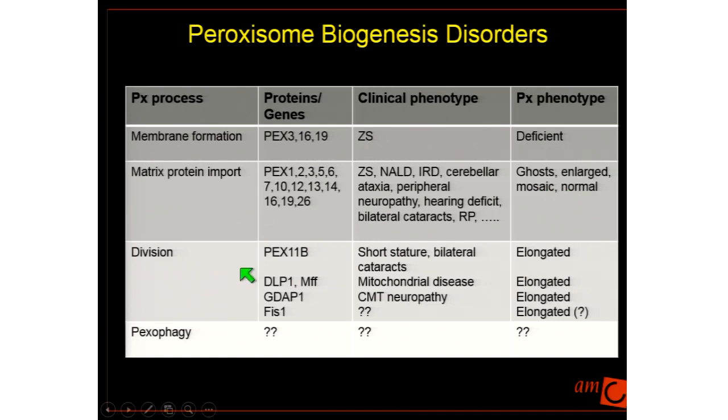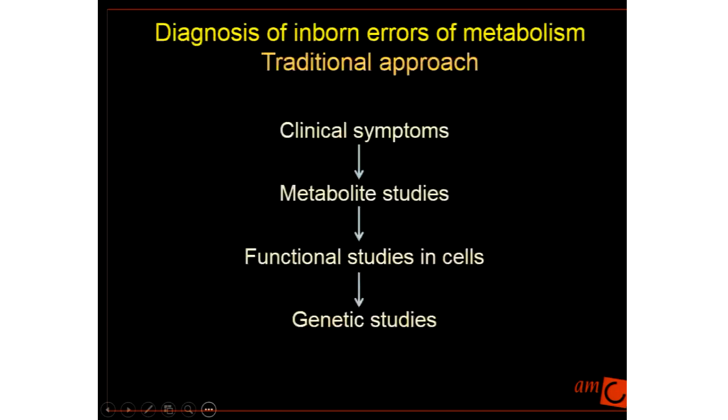And then we have these division subtypes, where we have identified several gene defects now that give rise to elongated peroxisomes. We have not found any genes yet involved in the degradation of peroxisomes, but I expect that this will be found soon.